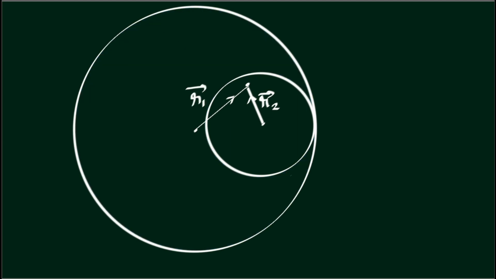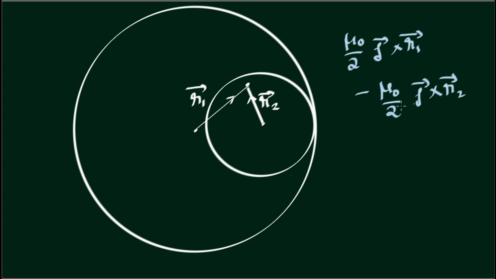So it's going to be mu naught by 2 J cross R1 minus mu naught by 2 J cross R2, where this is R2. J is the same for both. The cross product is distributive over addition and subtraction, so we can take mu naught by 2 times J outside the cross. You have to be careful with the order. So it's R1 minus R2.